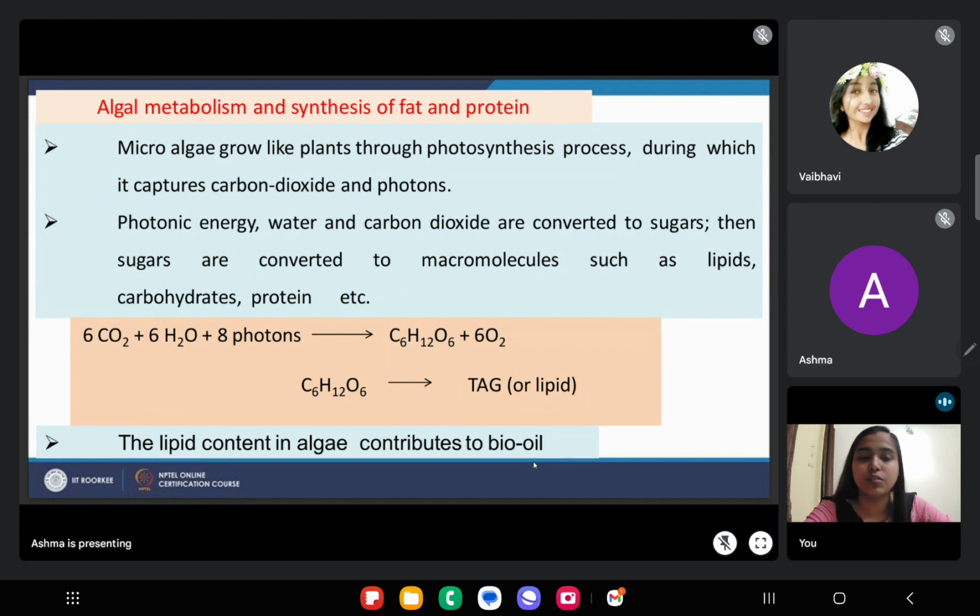Inorganic carbon along with water and photons, which are taken from the sunlight, through this mechanism, organic carbohydrate, glucose, is formed along with oxygen. And this glucose, or organic carbon, is further used for production of lipid. The lipid content in algae contributes to the production of bio oil.